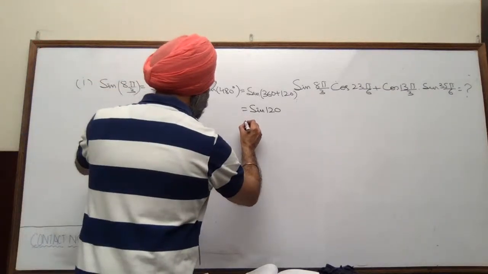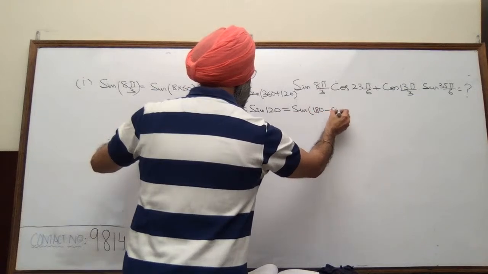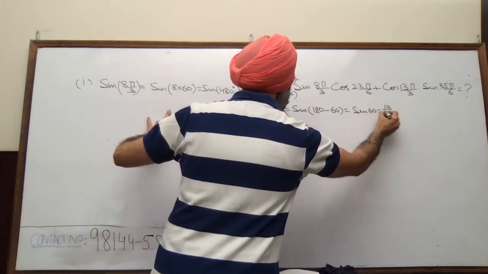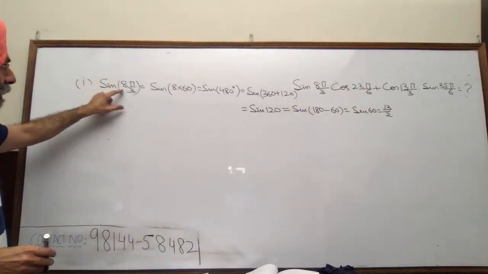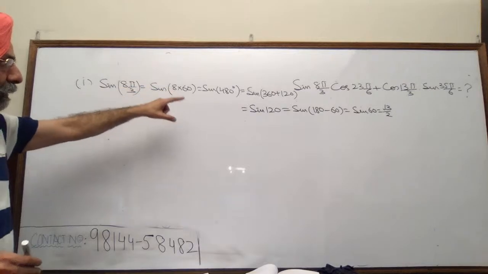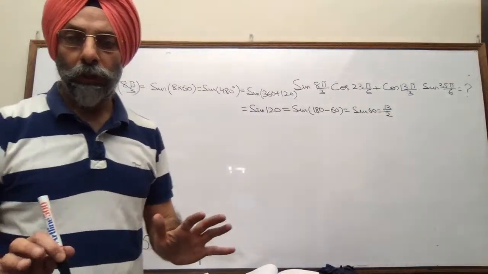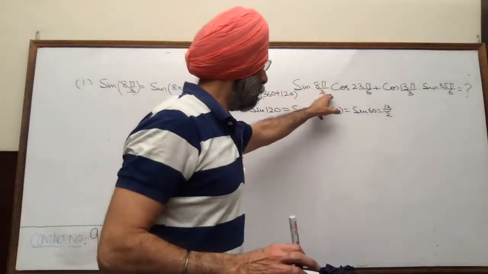Sine of 120 degrees means that it is sine of 180 minus 60, which is sine 60, which is root 3 by 2. So the value of sine 8 pi by 3 is coming to be root 3 by 2. Right? So this was the first t ratio.